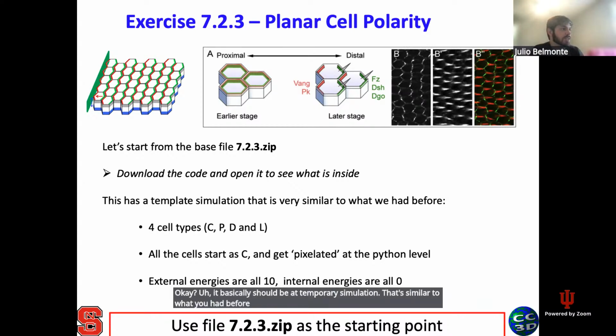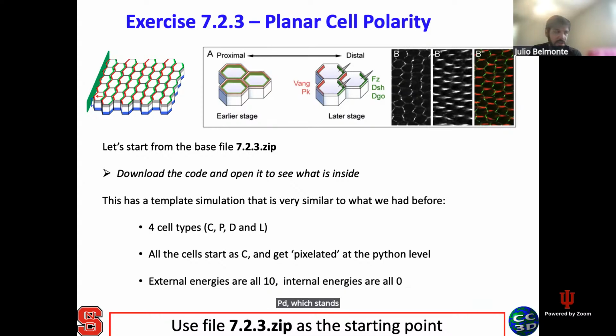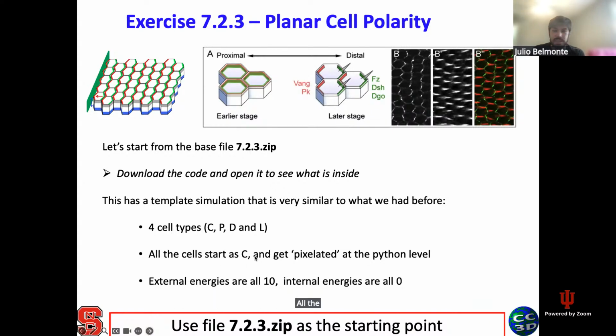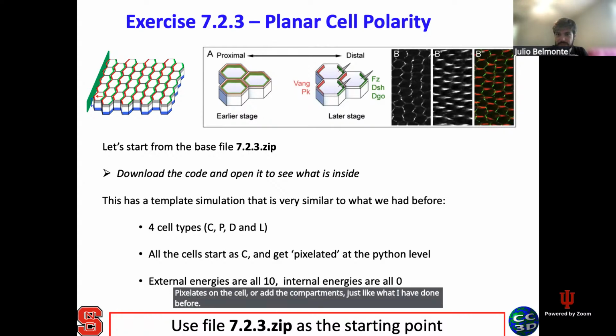We have 4 cell types: cytoplasm, P and D, which stand for proximal and distal. Proximal is going to be the red, distal is going to be the green. All the cells start as type C, and then there's a routine inside the start function that pixelates all the cells, or adds the compartments, just like what we have done before.